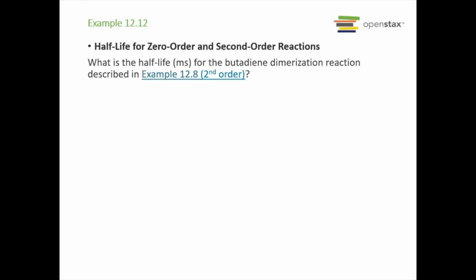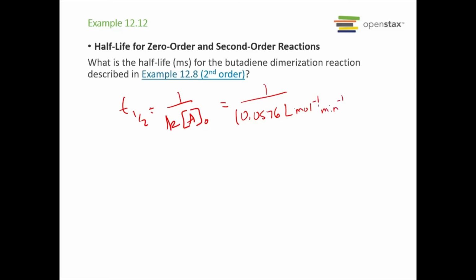So that means that our t 1/2 of a second order reaction is equal to 1 over k times [A]0. And from that reaction, we had solved for k, I believe, and we got 0.0576 liters times inverse moles times inverse minutes times [A]0, which is 0.200 molar, aka moles per liter.